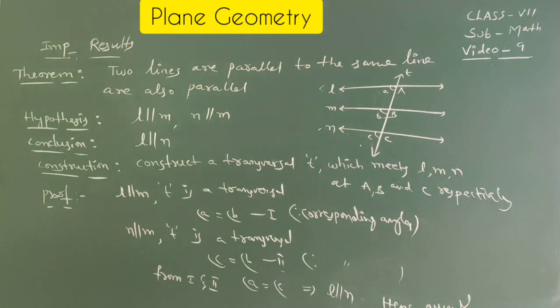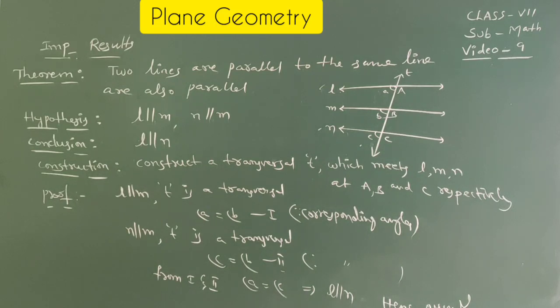We needed to prove this. What are the two lines we have? L and N are parallel to M, the middle one. Construct a transversal which meets L, M and N at A, B, C respectively. Small a, small b, small c are the three angles formed.